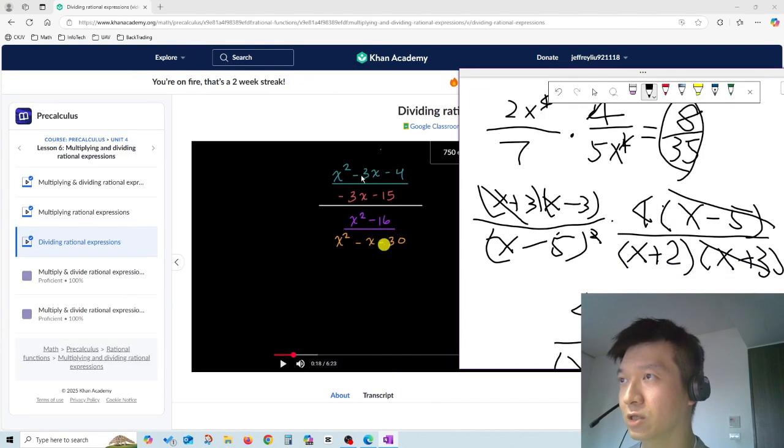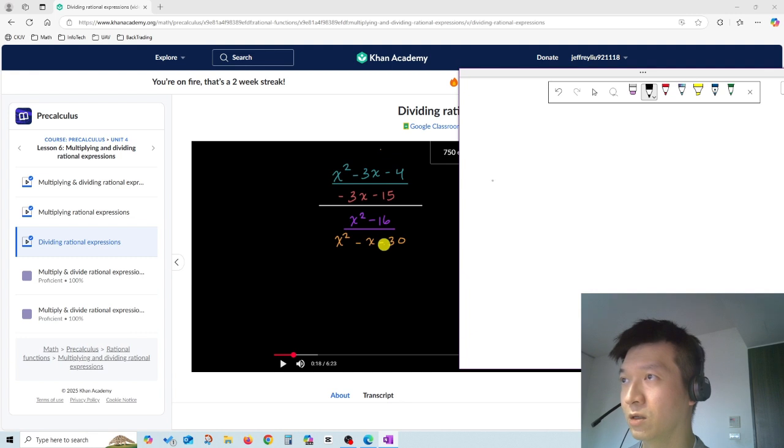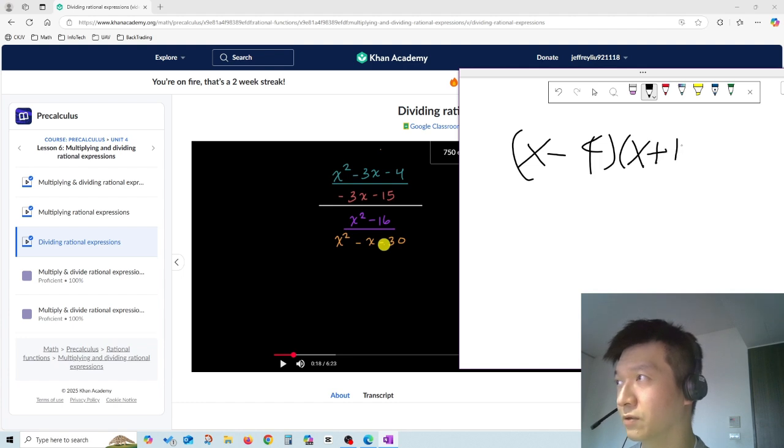Okay, dividing rational expressions here. We have expressions here. So let's just factor it, okay? You take the minus 3 out, x plus 5. Okay, divide, so reverse it.